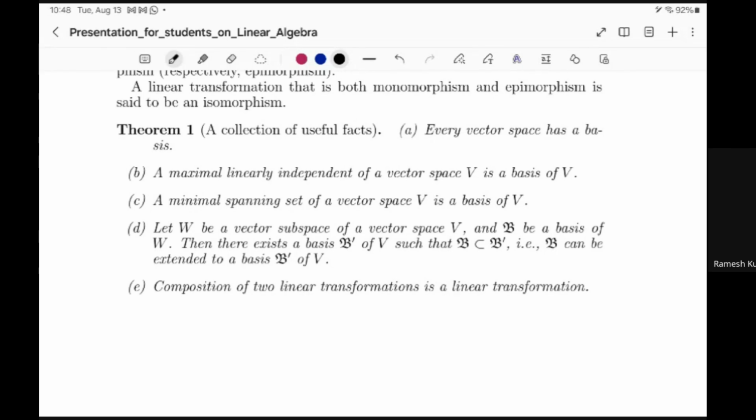Now you pick a new element which is not in the set that you just considered. Let's say the one that you picked before is V, and the element that you now picked, which is not part of the set, is W. Then V and W are going to be linearly independent.